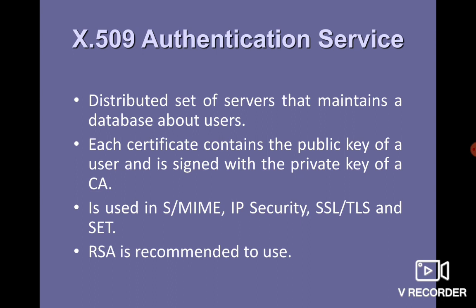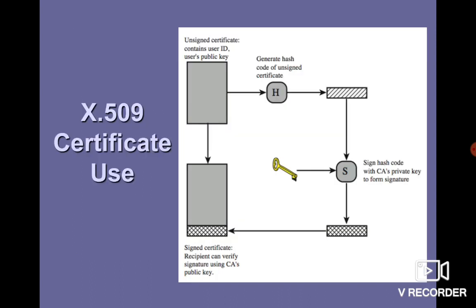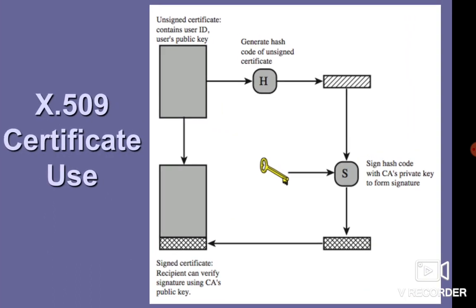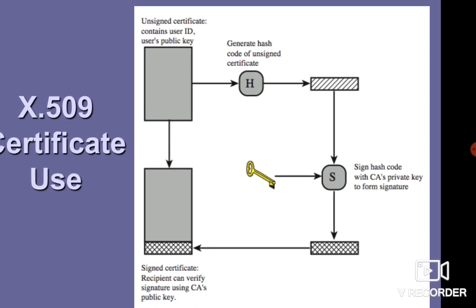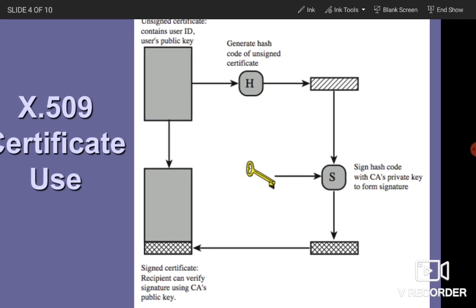To implement X.509 authentication service, we have used the algorithm RSA. And this is how X.509 certificates are used. The first one is the unsigned certificate. The certificate contains the user ID and the public key of the user, and we generate the hash code using any one of the hash functions.